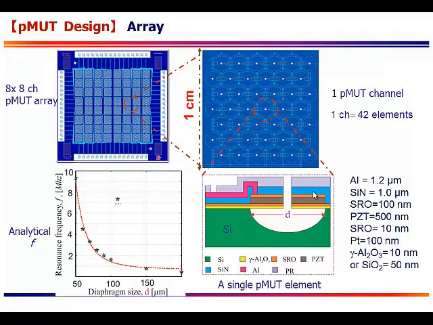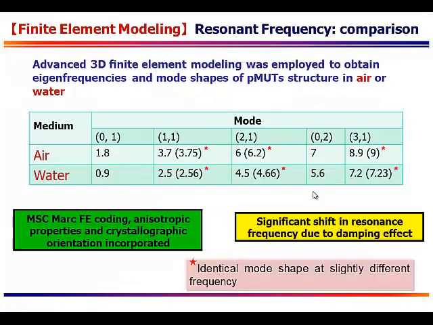That's why you need advanced modeling. With finite element simulation, we captured our resonance frequency, that is eigenfrequency, and also the modal shapes of our designed pMUT structure before our fabrication. That can save your time, whether you are doing it wrong or right.